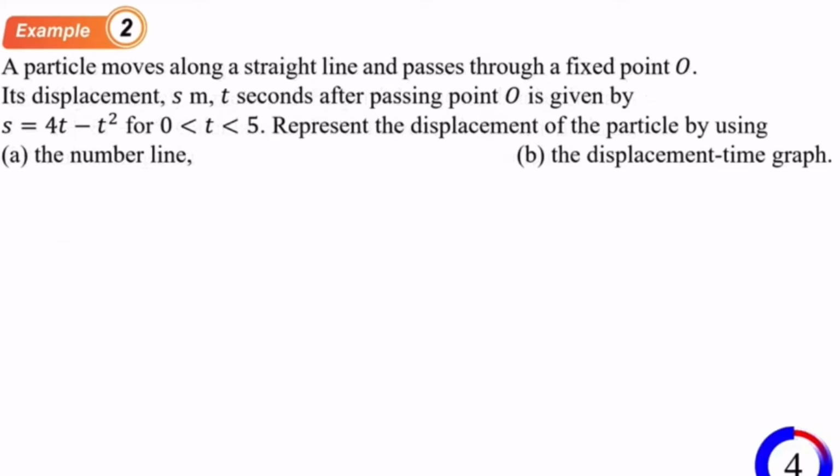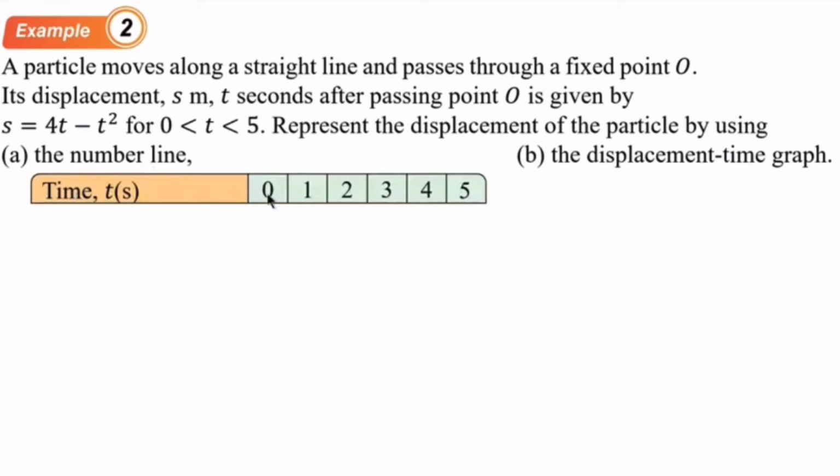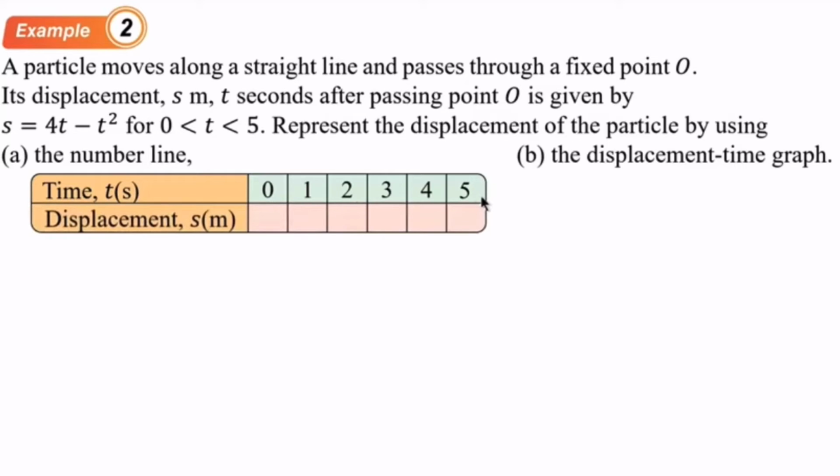A particle moves along a straight line and passes through a fixed point O. Its displacement s meter at t second is given by s equal to 4t minus t squared. Now represent the displacement of the particle by using the number line. So we have to list out the time from 0 to 5, inclusive of the 0 and 5.